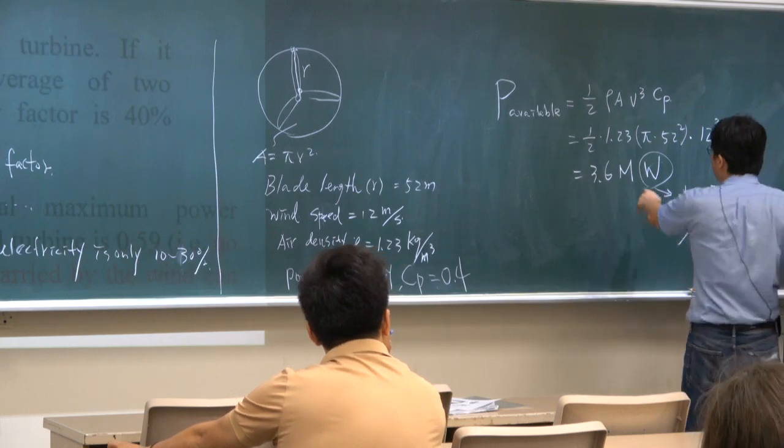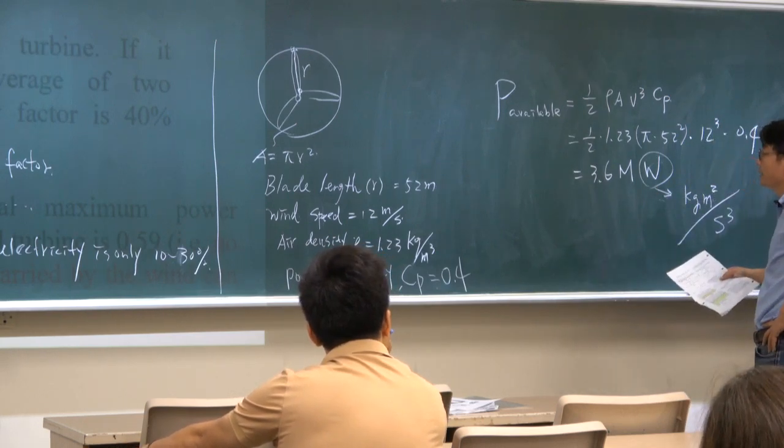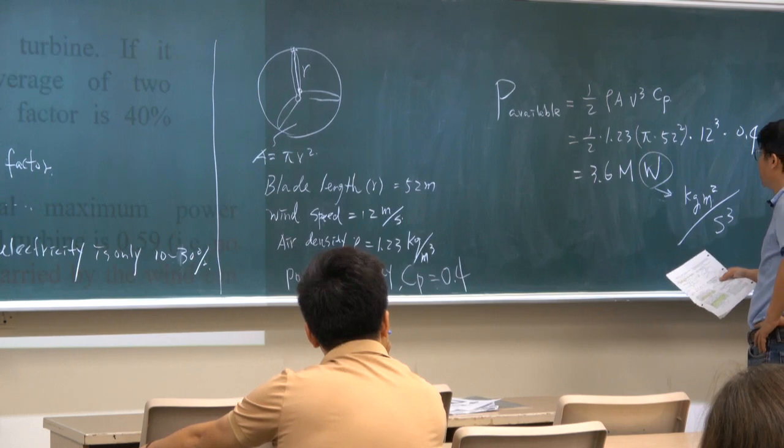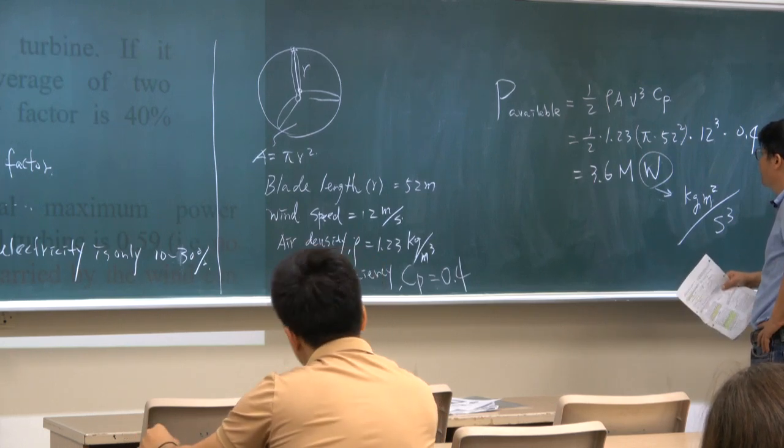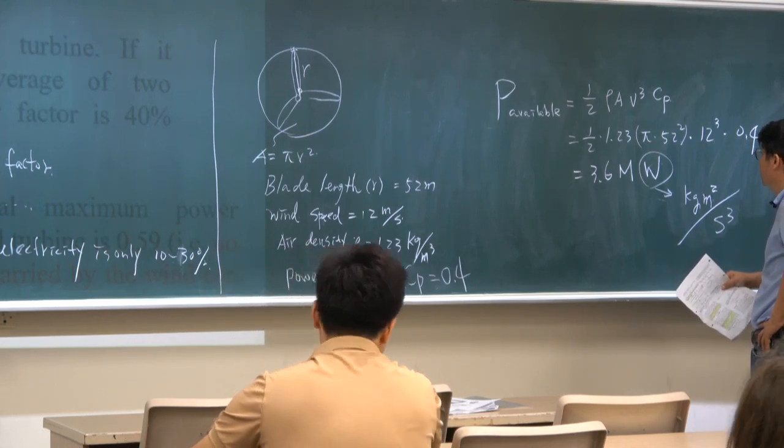This is a mega, okay. So the available power, based on the wind turbine, it produces 3.6 megawatt.